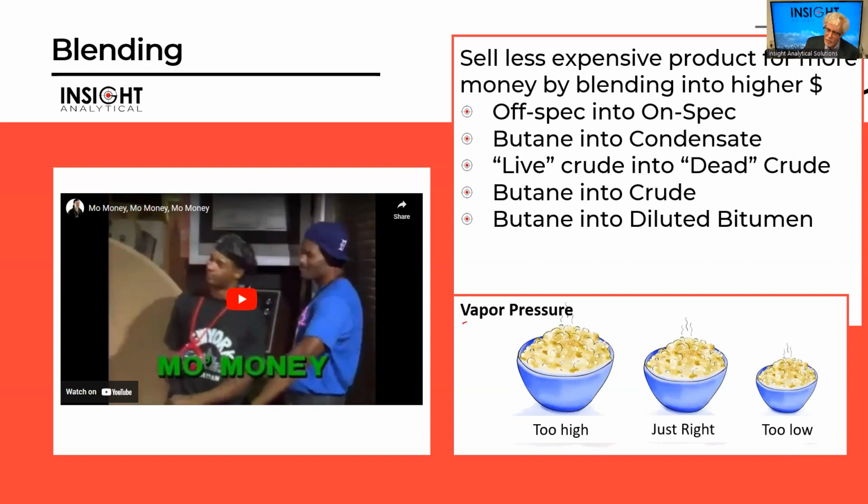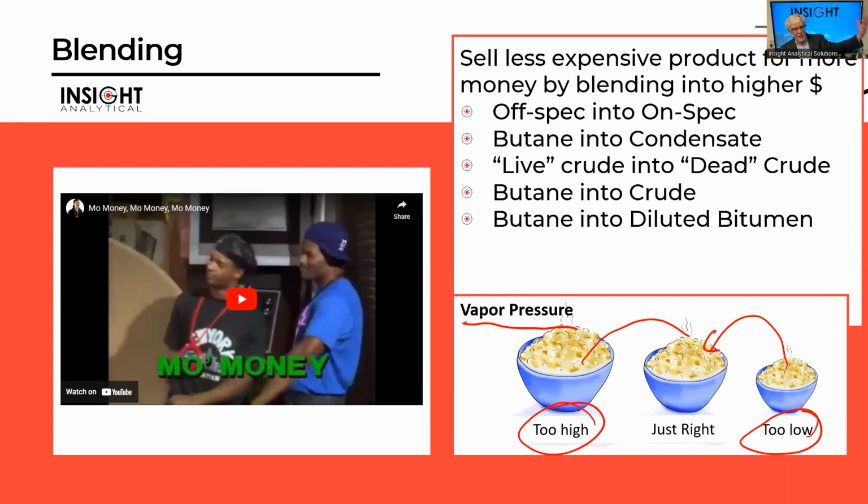If I'm talking about vapor pressure and crude, Goldilocks comes along and says, this one's too hot. Oh, this one is too cold. Mix them both together. They're just right. So I can do things like take a very live, high vapor pressure crude and blend it into a dead or low vapor pressure crude and just try to meet my vapor pressure specification.